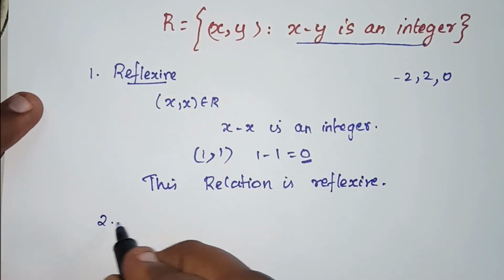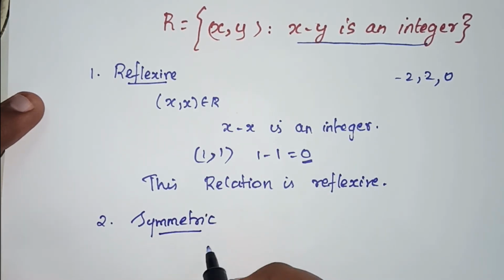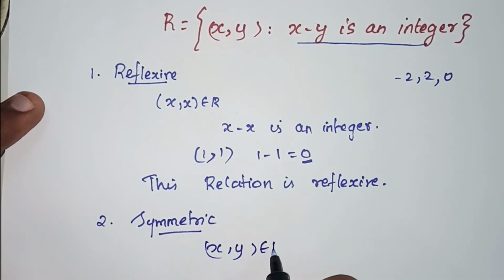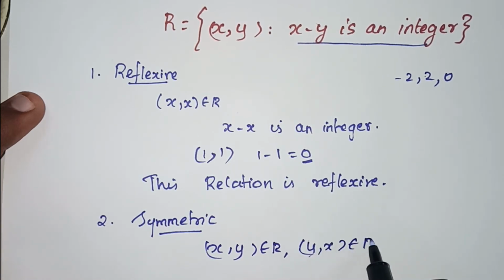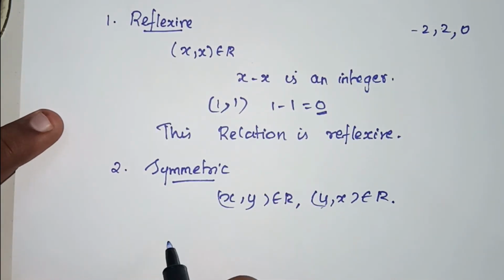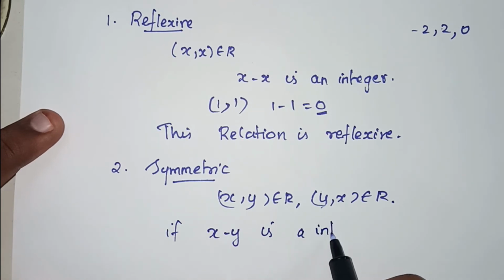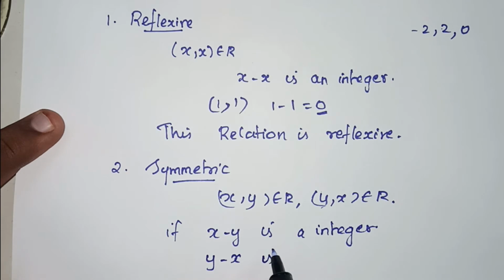Next, symmetric. Symmetric means (x, y) belongs to R and (y, x) also belongs to R. But the given relation is x minus y is an integer. If x minus y is an integer, then y minus x is also an integer, right?